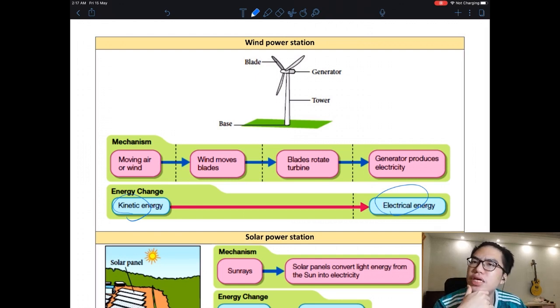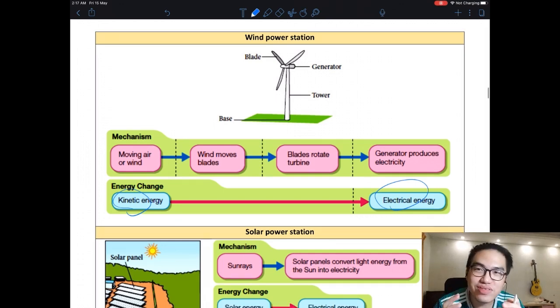You might say, sir, very windy here, what? It's not as easy as you think. To build an electricity generator, it's not easy. You need to plan a lot of things, one of them being money. Imagine I use 60 million to build a wind power station.